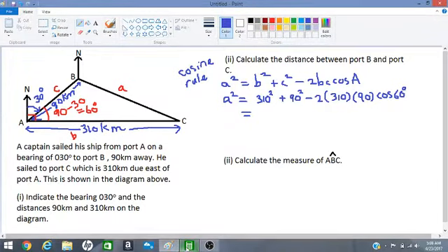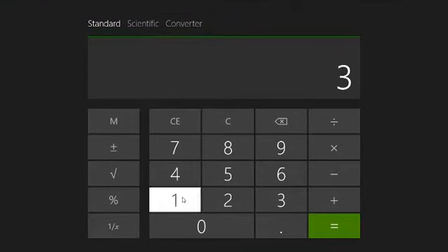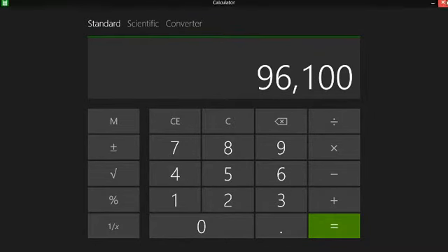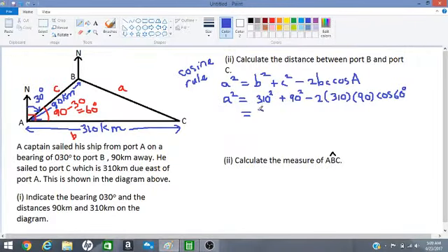310 squared is 96,100, so we have 96,100 plus 90 squared, 8,100 minus 2 times 310 times 90.